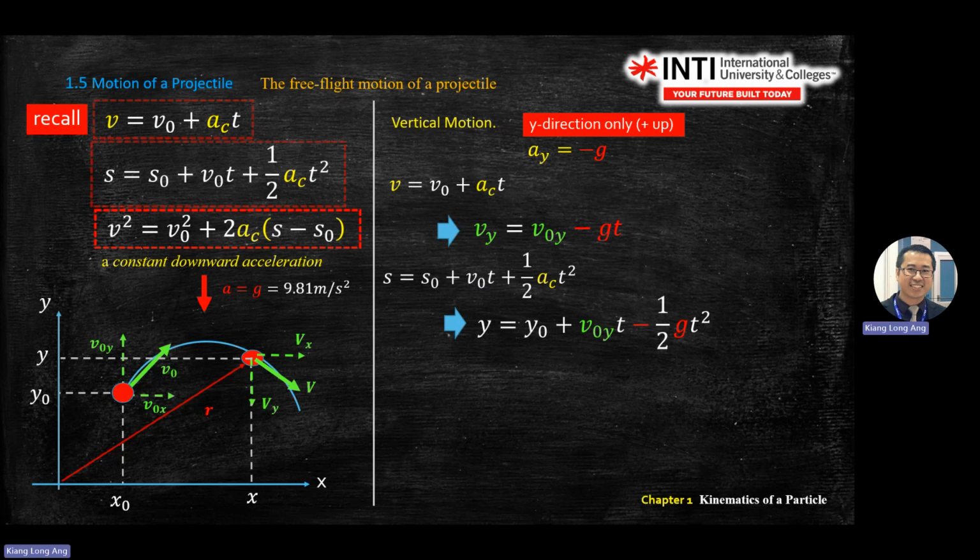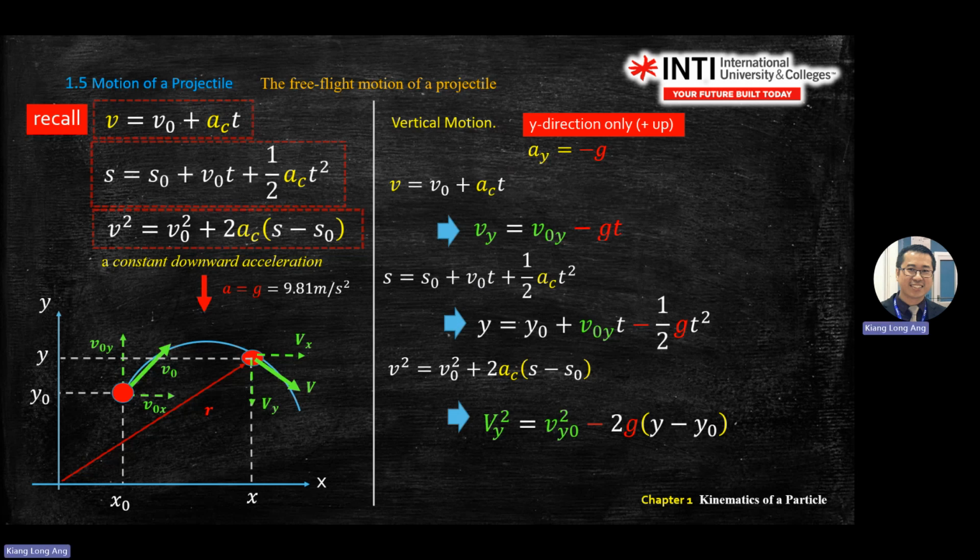So try to differentiate a little bit. Apply the same for the third one. Again, V here is the Y component, a here is g, but it's negative g, right? And the displacement here is Y direction.